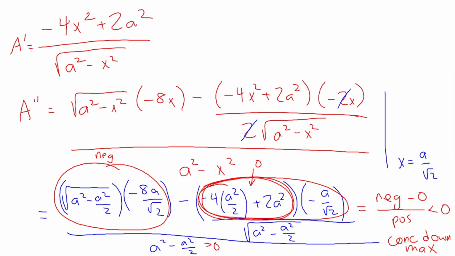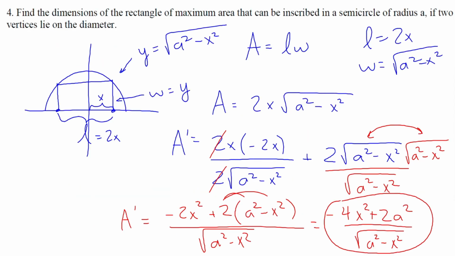Okay, and so now, since the max is at a over root 2, we go back to what the question actually asked. It says find the dimensions. So if the x value is a over root 2, then the length is going to be 2 times a over root 2, or 2a over root 2.